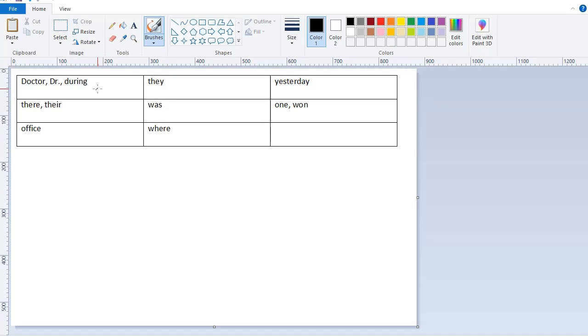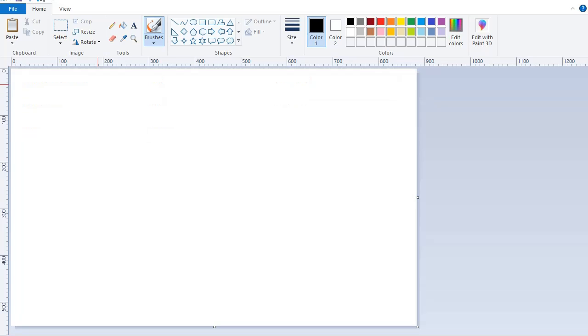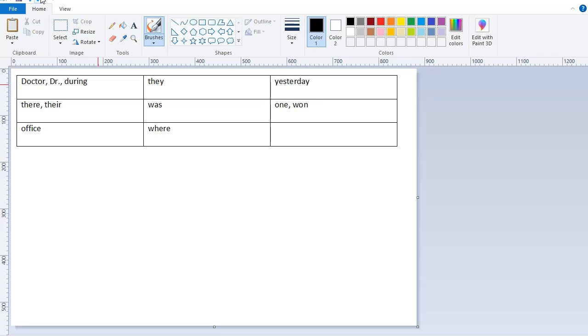So, yung ating DR, doctor, and during are stroked using the symbols of the strokes of D and R. Okay? So, we have D and R for during. Next.